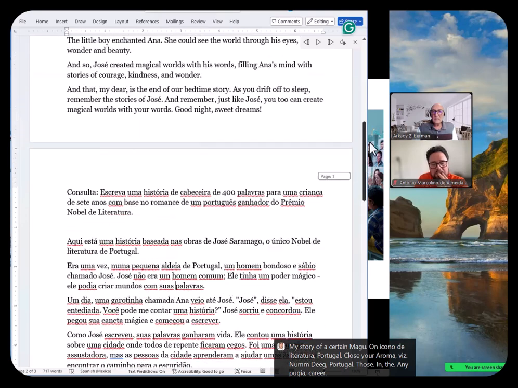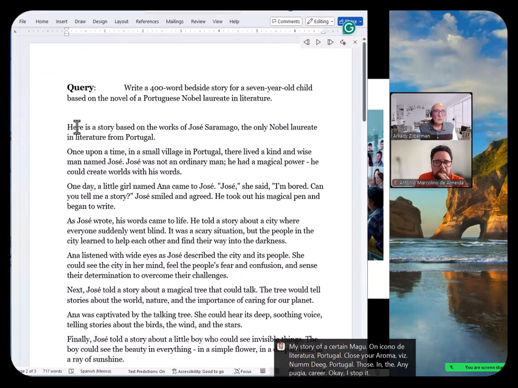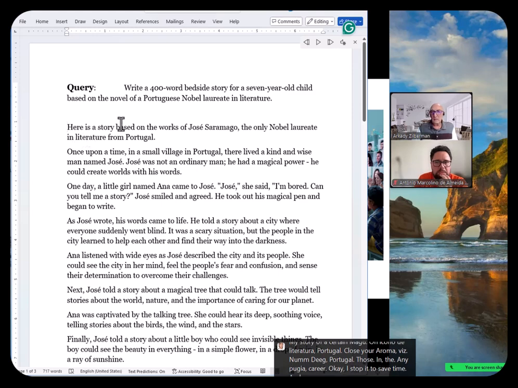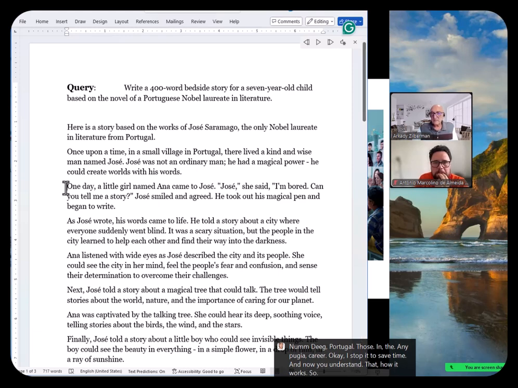Okay, I stop it to save time, and now you understand how it works. So the first lesson you have seen now: you close your eyes, you listen to the text in your native language.